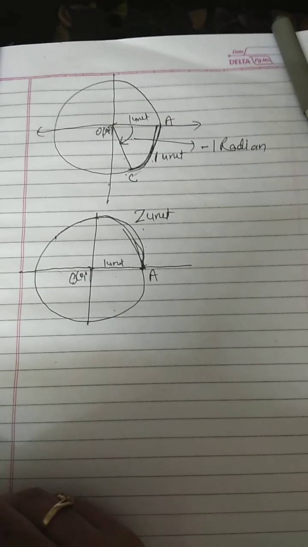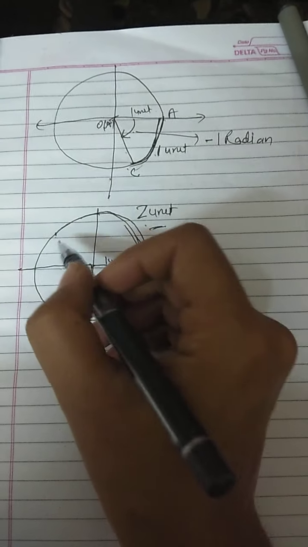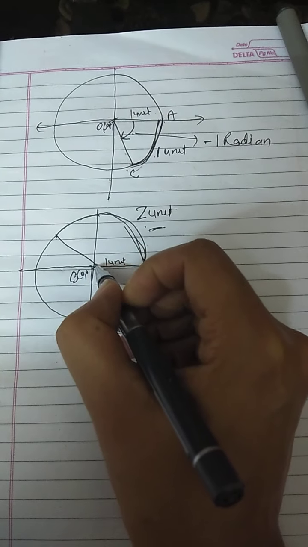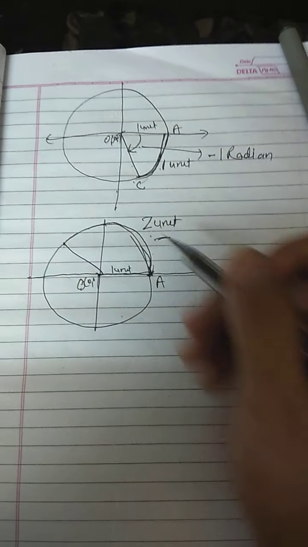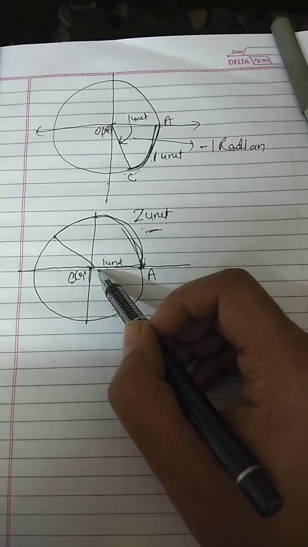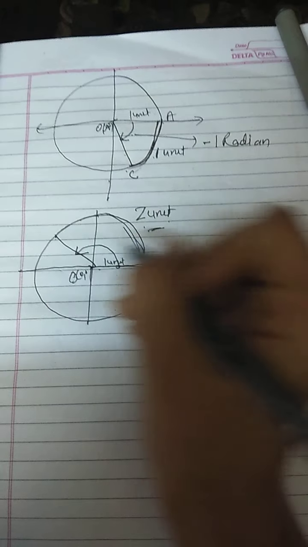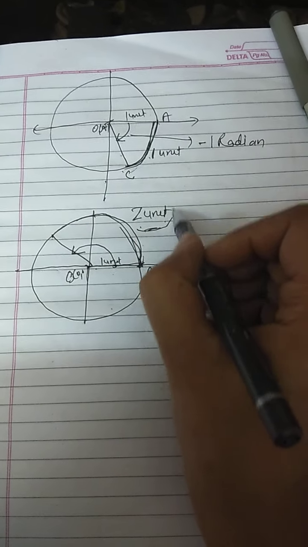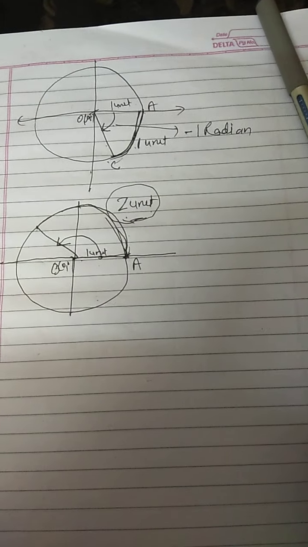Now if this is 2 units, then the angle subtended by an arc of length 2 units at the center of the unit circle, this angle I am taking in anti-clockwise direction. Now what is the length of the arc? Length of the arc is 2 units.